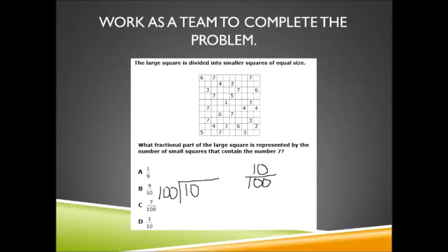Okay, because 100 won't go into 10. But 10 can go into 100. I agree, 10 by 100, because 100 can't go into 10, it will be in the decimal places.